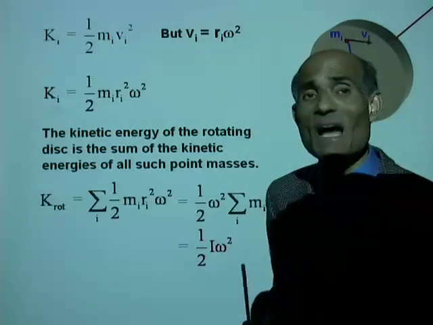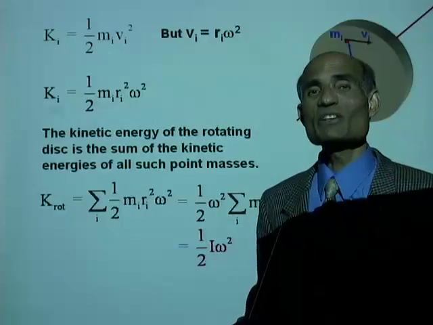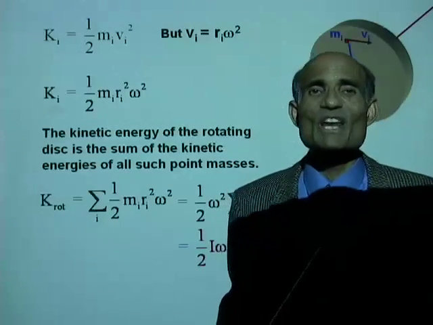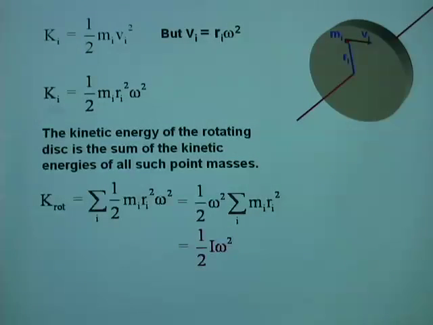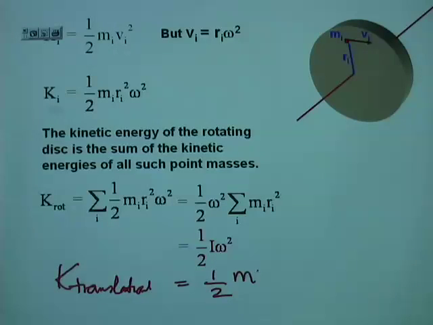Now, do you see any similarity between this equation and the equation for kinetic energy in linear motion? Look at K translational. Do you understand the meaning of translational? Translational is motion along a straight line. So, K translation is 1/2 mv squared, and K rotation is 1/2 I omega squared. Now, look at the similarities.